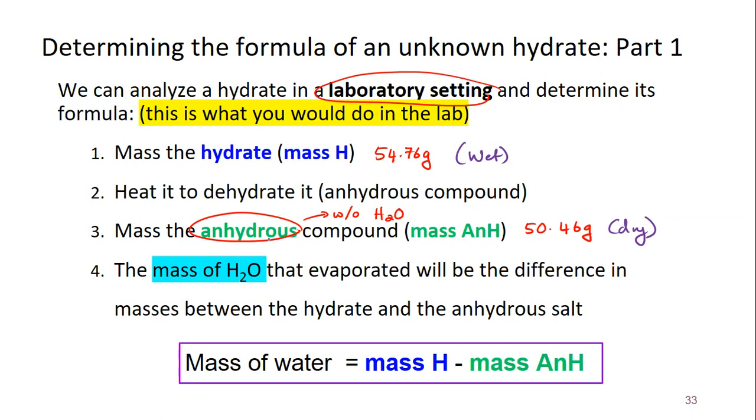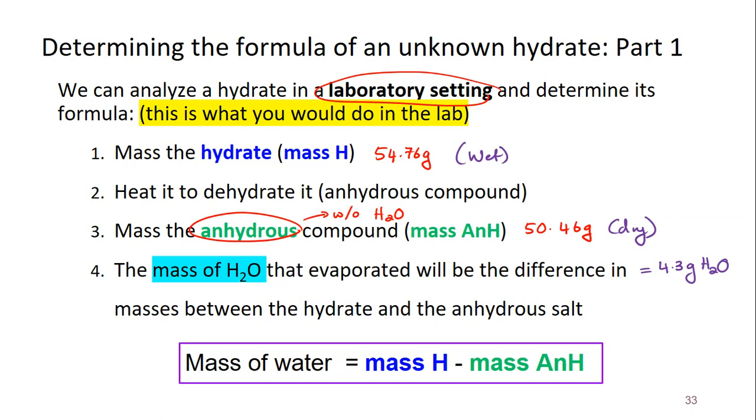When it's dry, it's the anhydrous. If you take the difference between the wet and the dry, you have the mass of water here. Okay, so in this particular case, you have 54.76 minus 50.46. The mass of water was 4.3 grams. That means 4.3 grams of water evaporated when the hydrate was heated.